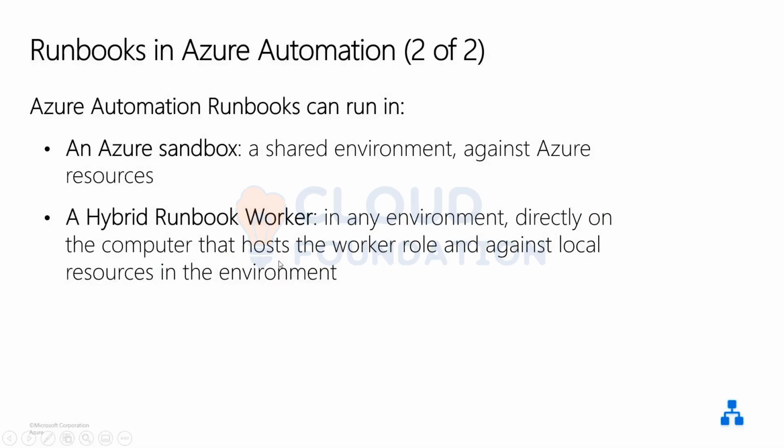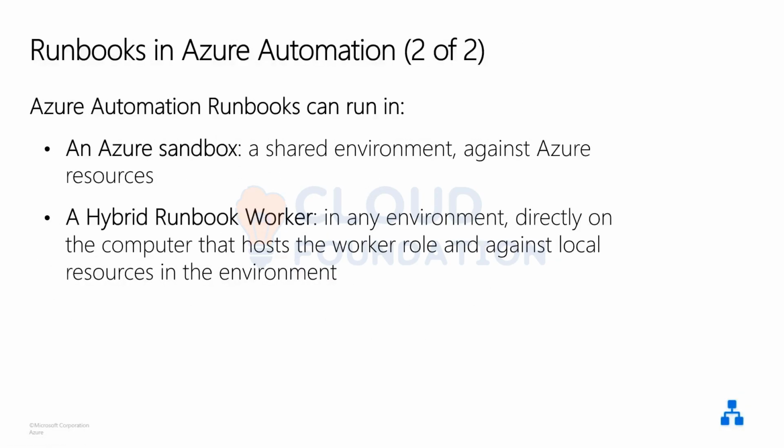If you look at the automation options, you can run this using Azure Sandbox, or you can run it using your hybrid runbook worker. This hybrid runbook worker should have some components installed on the secondary environment, which will allow this automation to run on the secondary site that you have.